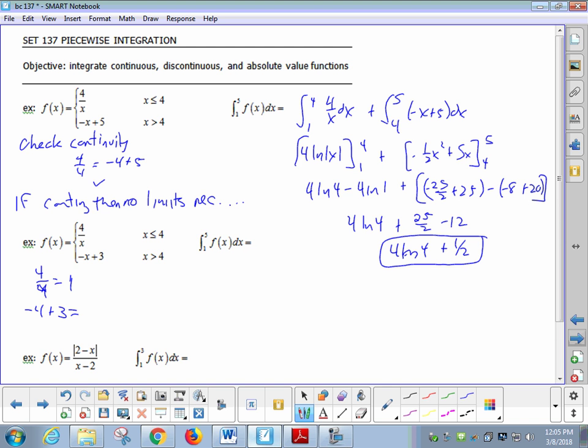What did I do wrong here? Oh, sorry, negative 1, yeah? I thought it was continuous, but it's not continuous. Yes. Okie dokie then. To do things well then, you have to deal with the discontinuity. If I were to graph this, it's 4 over x up to and including 4.